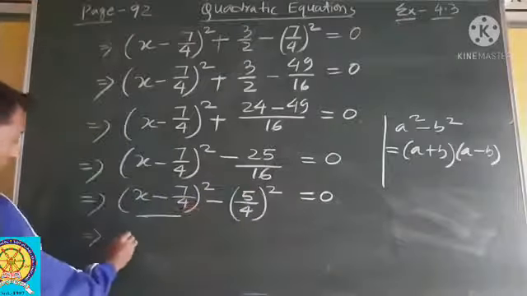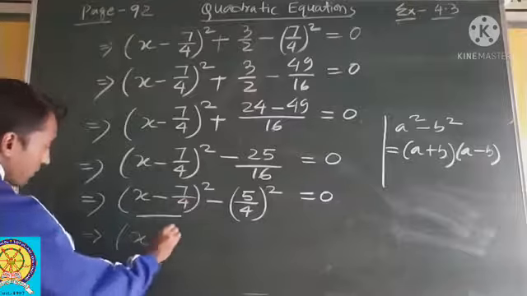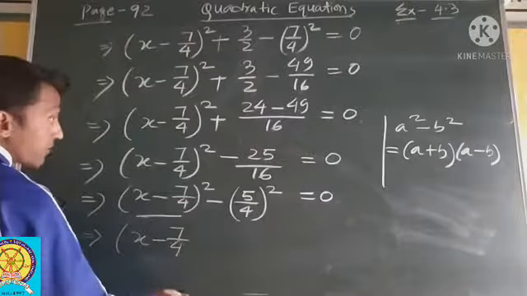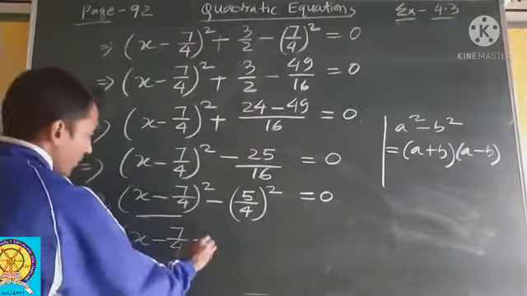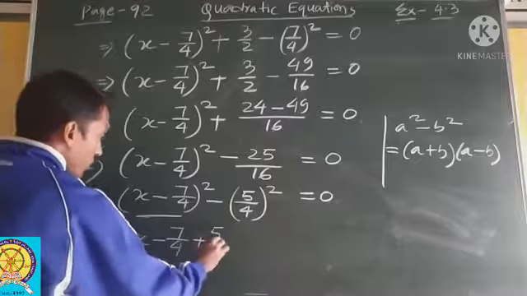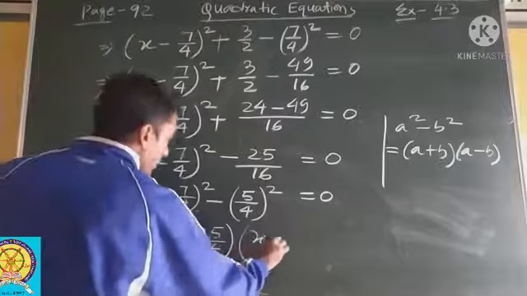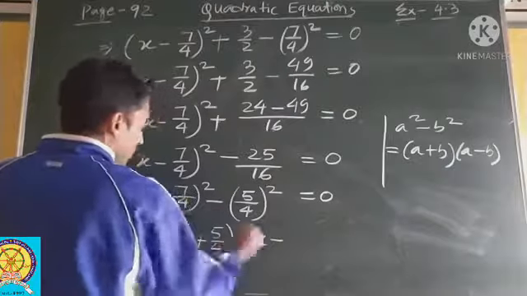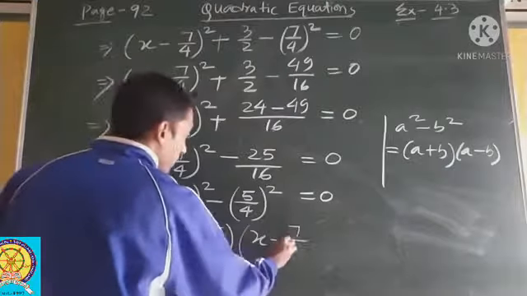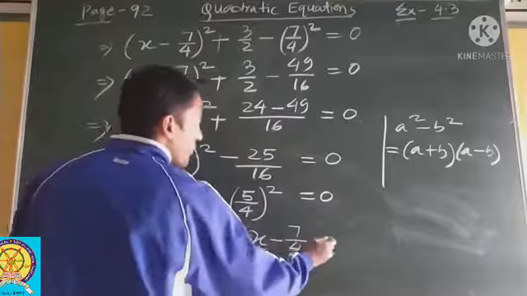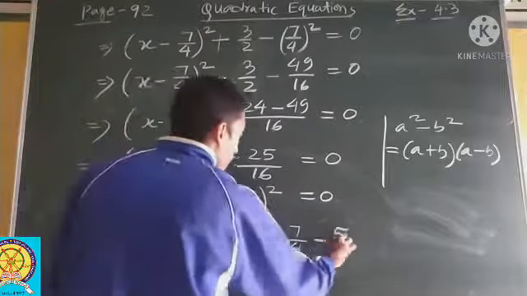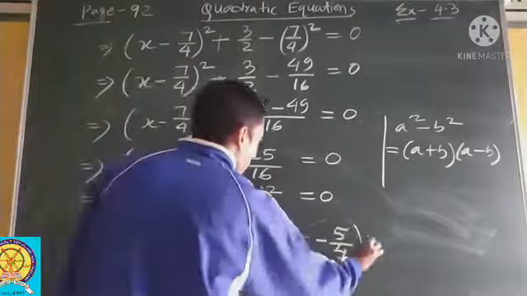According to that identity, we have (x minus 7 by 4) plus 5 by 4 as a plus b, into the next value, a minus b, which is x minus 7 by 4 minus b, where b is 5 by 4.